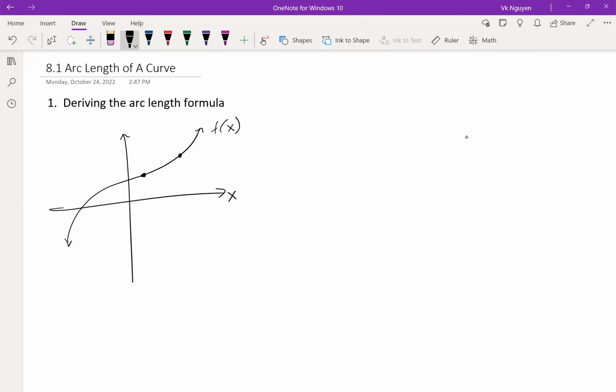In order to do that, you're going to take a small arc length, which is ds, and we're going to blow it up.